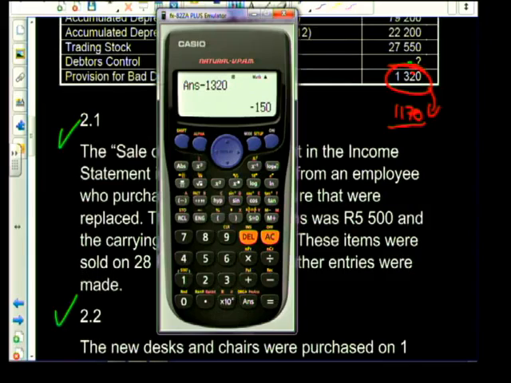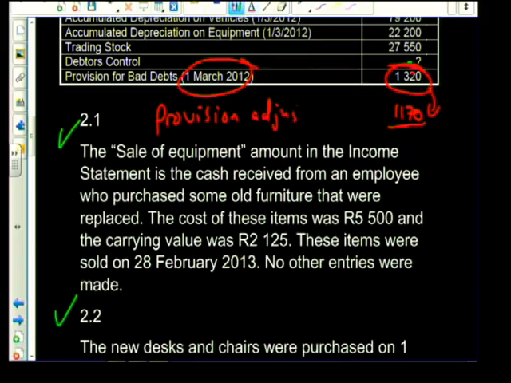We have subtracted 150 Rand from the provision for bad debts from last year. If we've subtracted 150 Rand, we've adjusted our provision. We have made a provision for bad debts adjustment. I'm just going to write provision adjustment here. We'll write it properly in the income statement of 150. So we've taken some money out of our provision for bad debts.